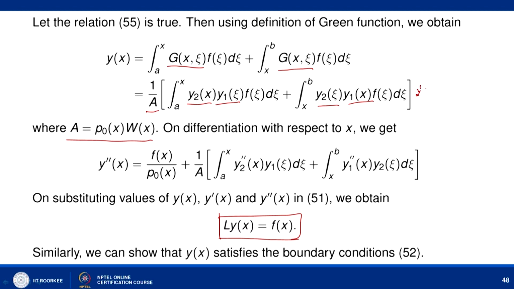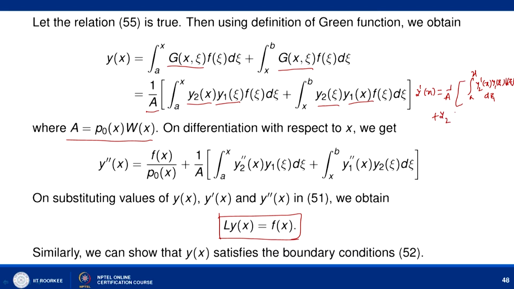So, y'(x) is equal to 1 upon a as it is. Now, if you differentiate with respect to x, we can differentiate it like this: a to x, and inside it is y2'(x) y1(ξ) f(ξ) dξ plus. Since the integral involves x, here we use the Leibniz formula of differentiation under the sign of integration, and you put ξ equal to x.